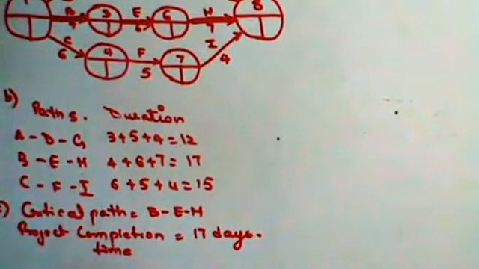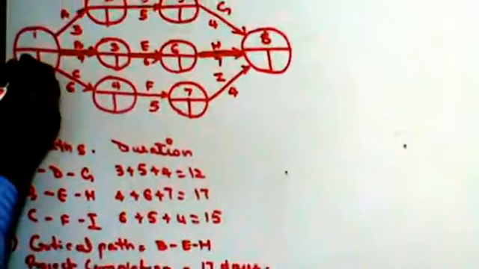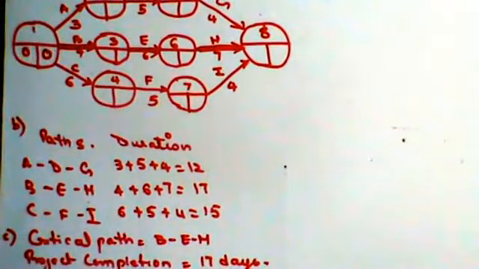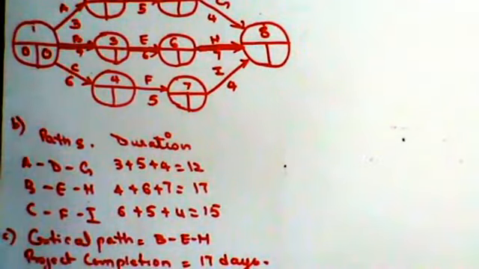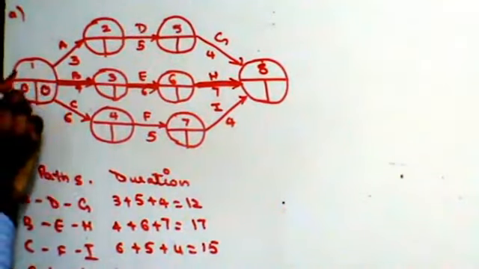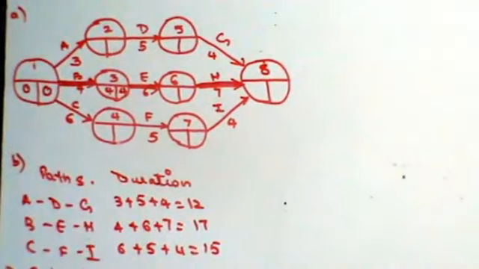Now, once you know the critical path, first let's do the timing for the critical path. This activity starts at 0, ends at 0. So you assume that it has just started. When it has started, time period is 0. It takes 4 days for B. Start time increases by 4, end time increases by 4.